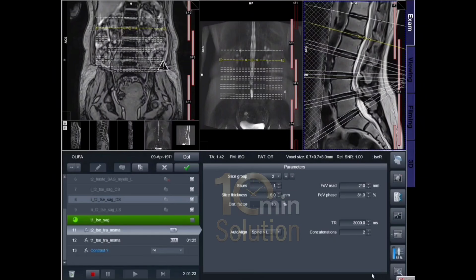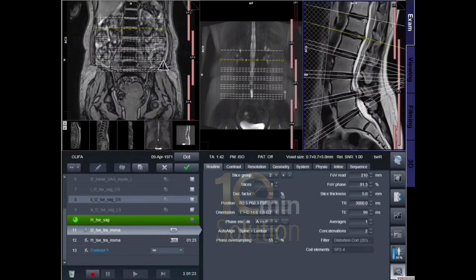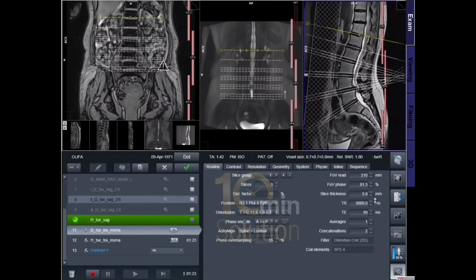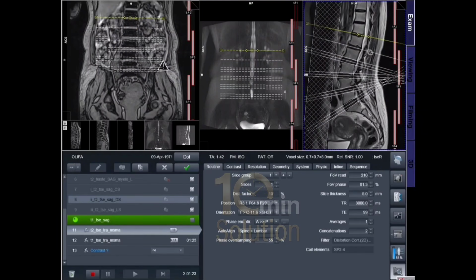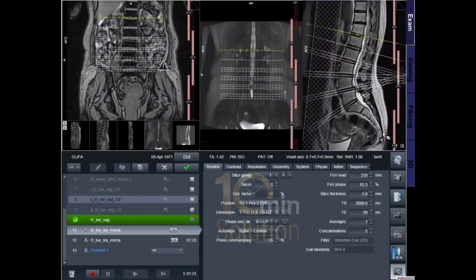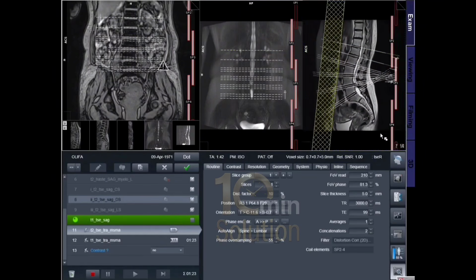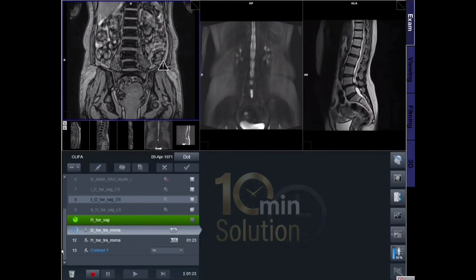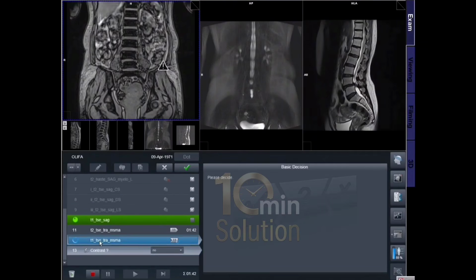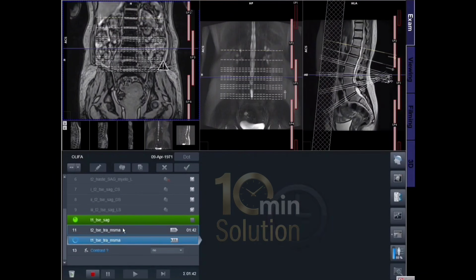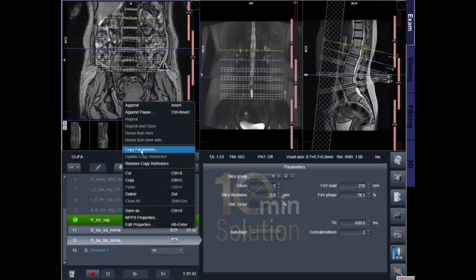Showing here the parameters. Now set up the saturation band, and everything is fine. Now finally apply.